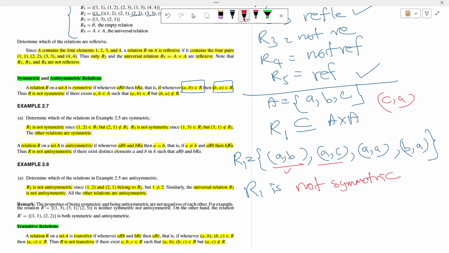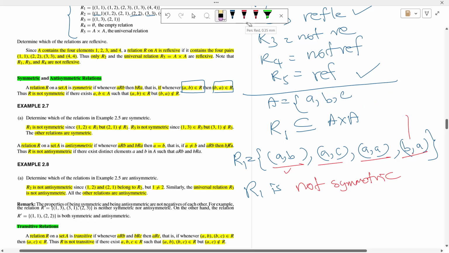Did you understand? Now the third one, A comma A: the opposite is also A comma A, so you don't need to worry about the same element, because both sides are the same. Similarly, for B comma A, the opposite is A comma B, which is there.